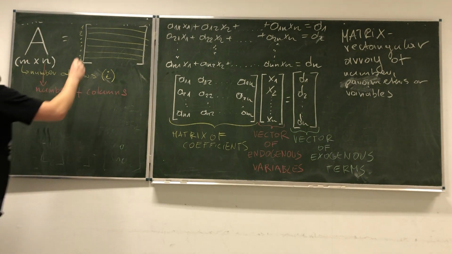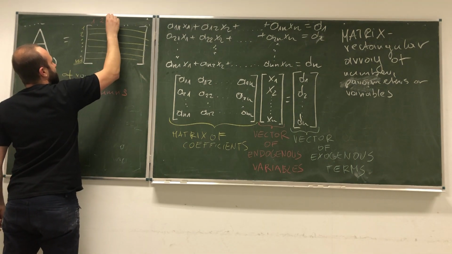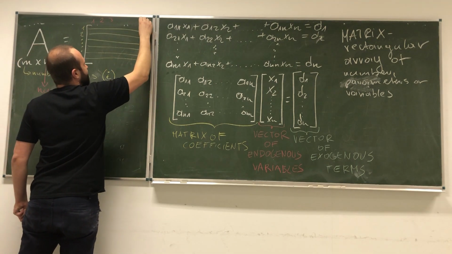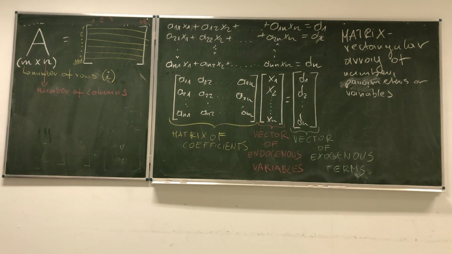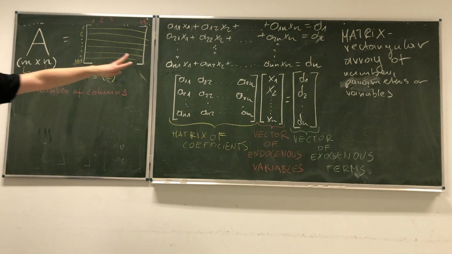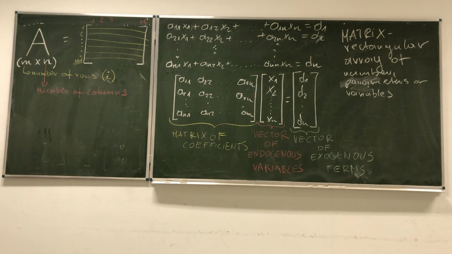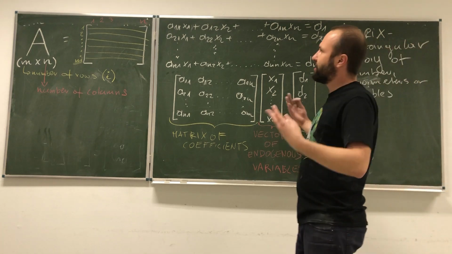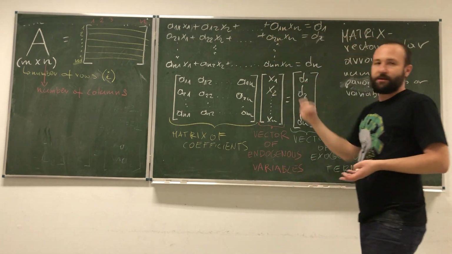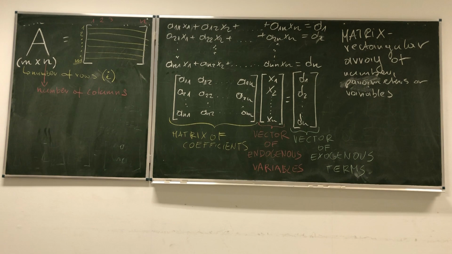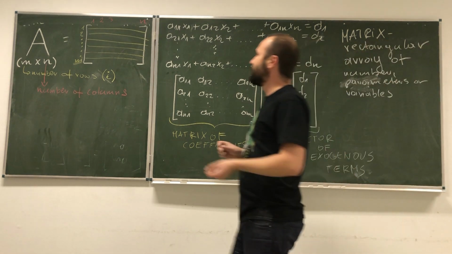And we got them all here: 1, 2, 3, until n. Those numbers, of course, can be different. When we talk about a system of simultaneous equations, the matrix of coefficients is n by n. So it's a square matrix. Square because the number of columns and the number of rows are the same. But of course, it's not a rule.